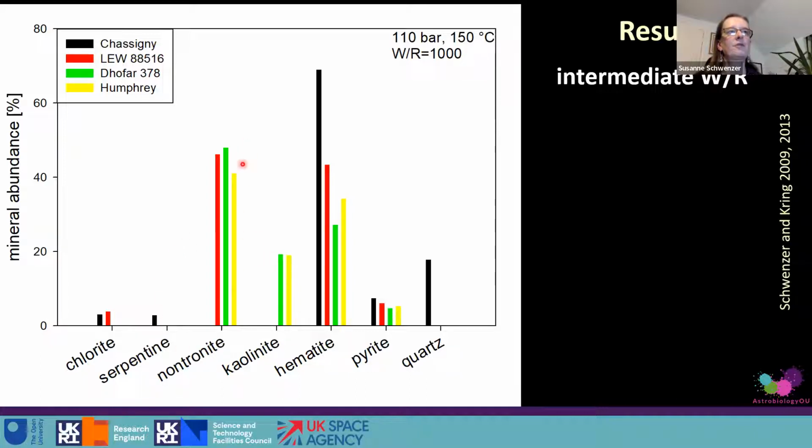And the Humphrey composition is pretty similar. It's got a bit more iron and a bit less aluminium, so it's got a bit less of the clays and a bit more of the iron oxide, but that's about it.